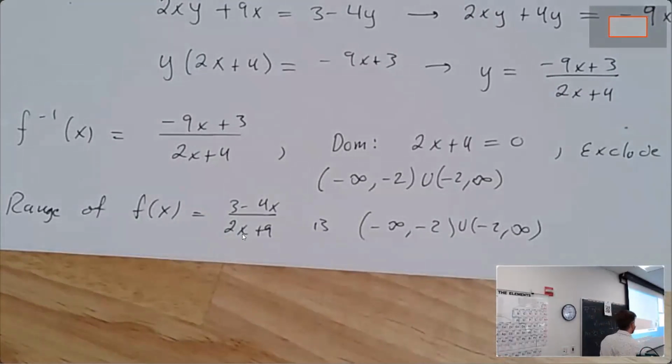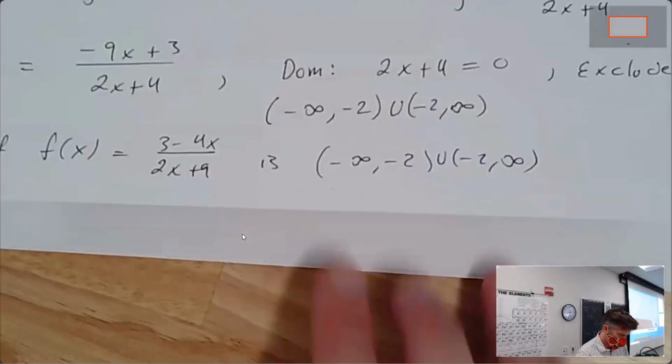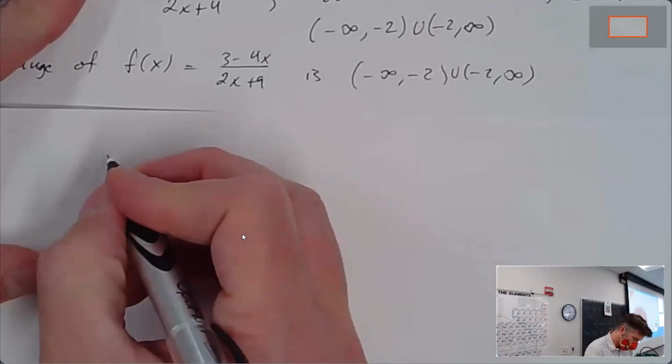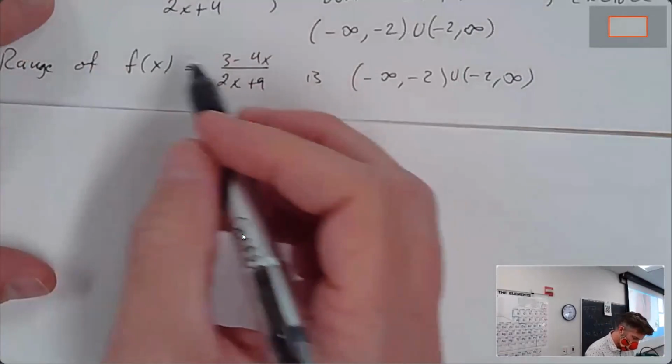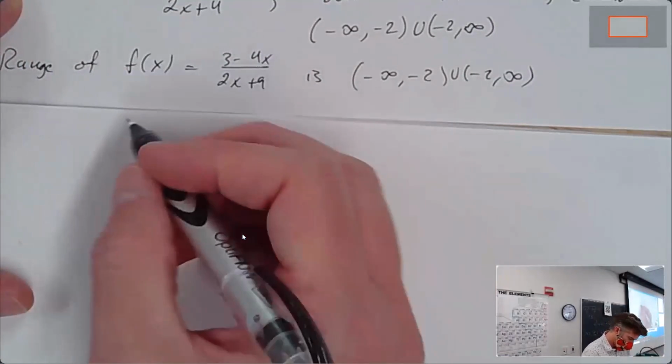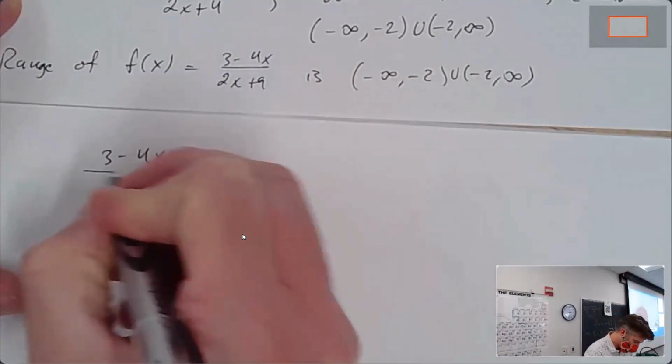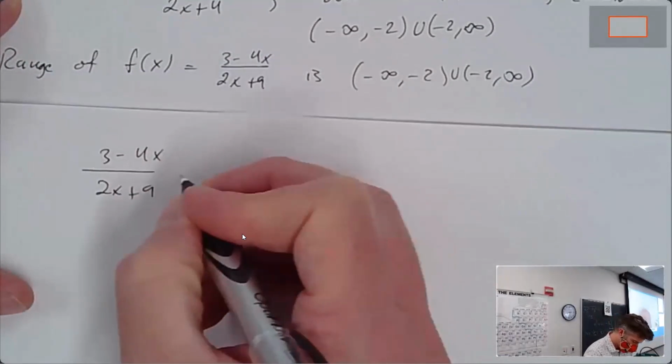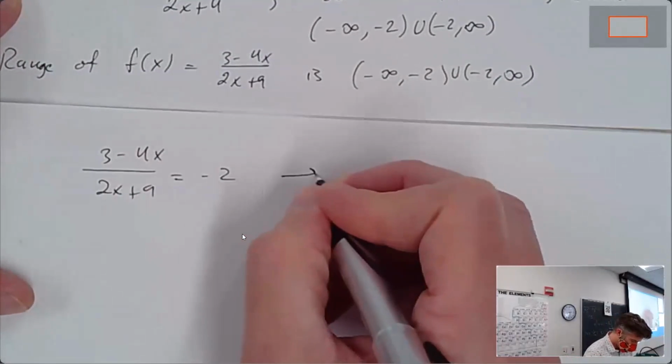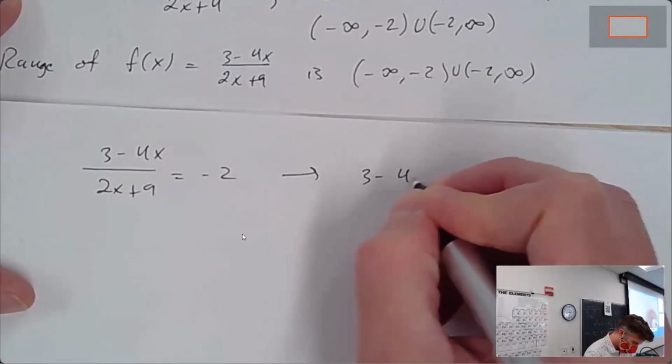And if you really wanted, you could check. You can see that negative 2 isn't in the range by setting this equation equal to negative 2 and seeing that there are no solutions. It's actually not terrible to do. Set (3 minus 4x) over (2x plus 9) equal to negative 2. Multiply both sides by 2x plus 9.